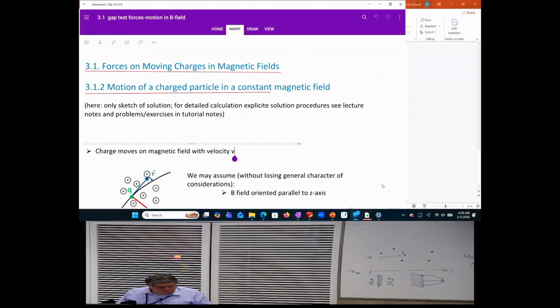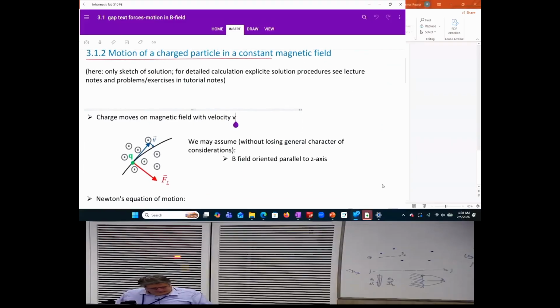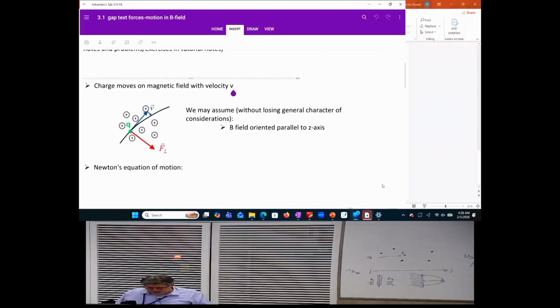I would like to refer you to the lecture notes because this is a bit lengthy to present in the tutorial, but I want to give you the gist, the essence, and then you can go for the details also. Even if you don't find all the details here, you will find them in the lecture notes. So we have here the scenario where we have a charge which moves through the magnetic field.